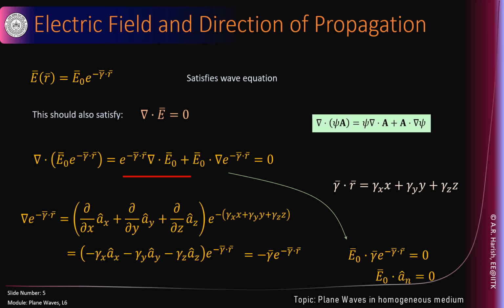It is a unit vector along the direction of gamma bar, and that is the direction in which the wave is going, because all those planes were perpendicular to the direction. And E naught dot an cap is 0. That means E naught bar and an cap are orthogonal to each other. Therefore, in the case of a uniform plane wave, the electric field is orthogonal to the direction of propagation. That is the beauty of the electric field in satisfying the Gauss equation.